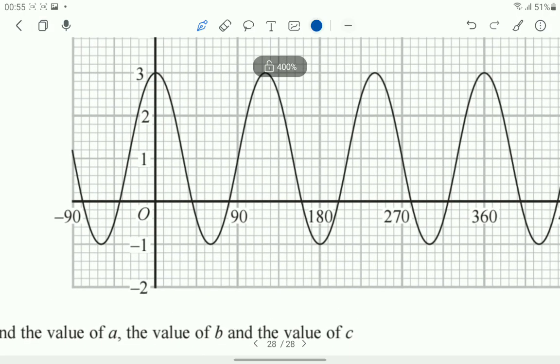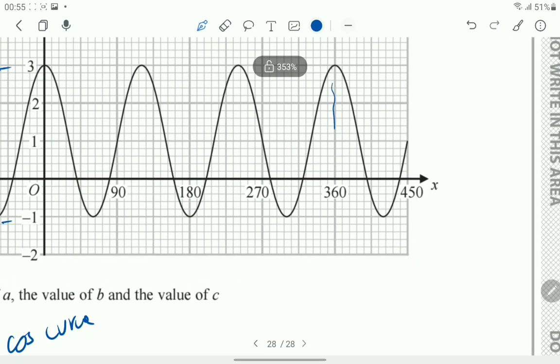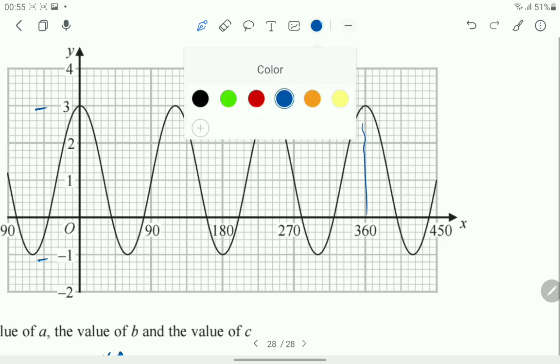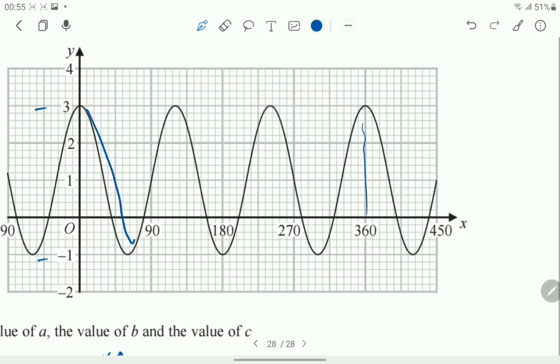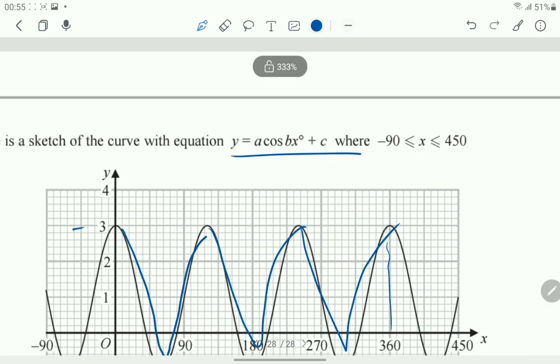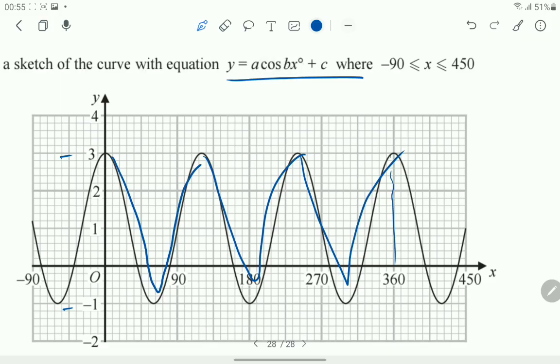So let's see. The maximum point is 3 and the minimum point is -1, so there's clearly something wrong. And in 360 degrees, the curve is completing not 1, but 3 cycles. So the curve is getting squeezed, since if it were stretched, then fewer than 1 cycle would be completed.